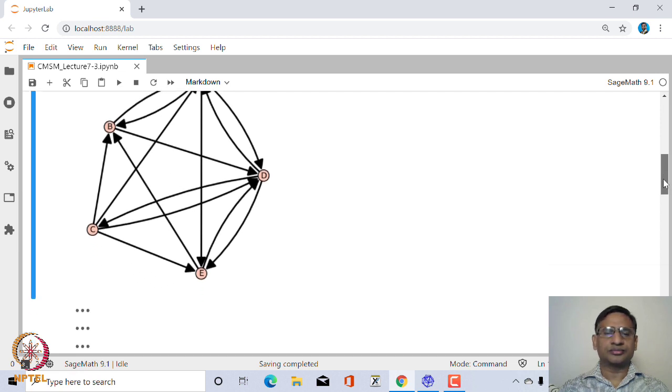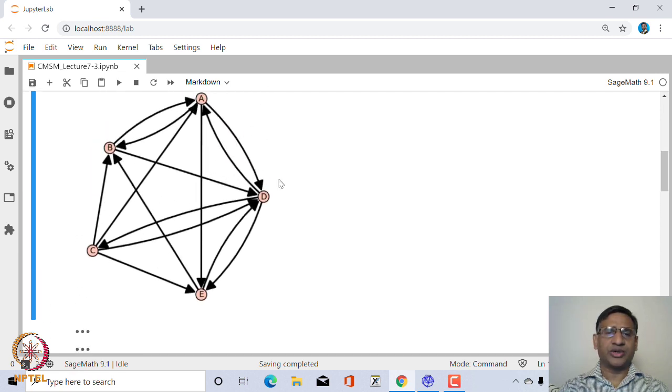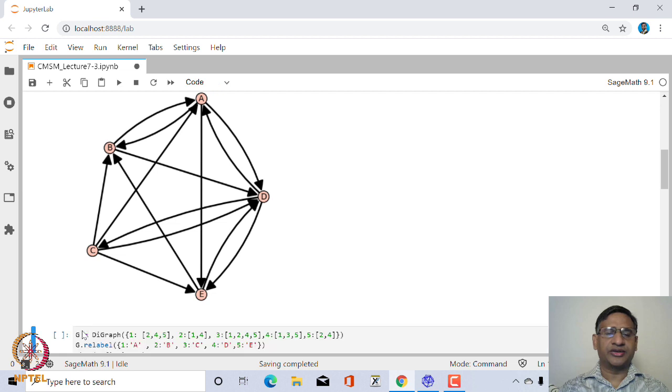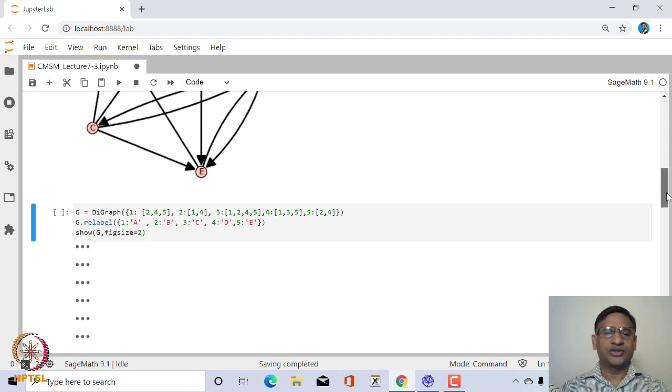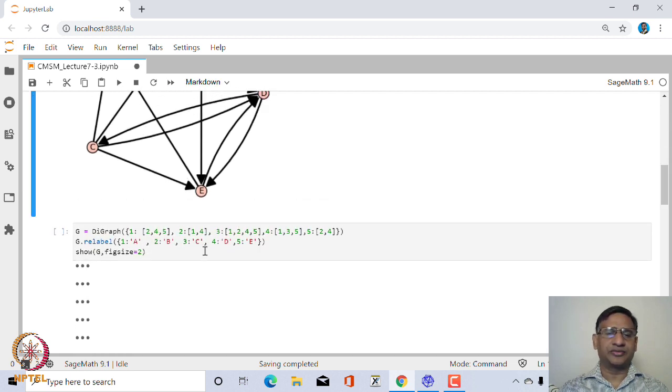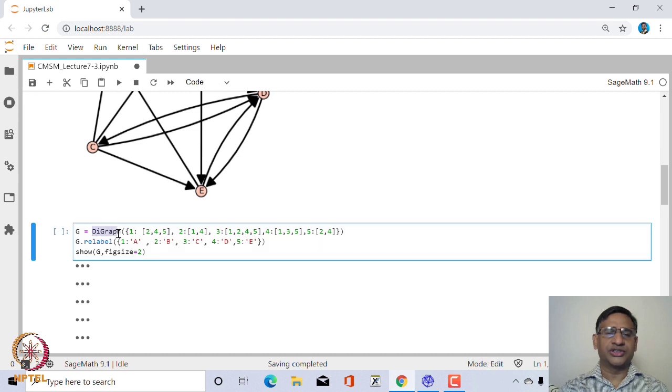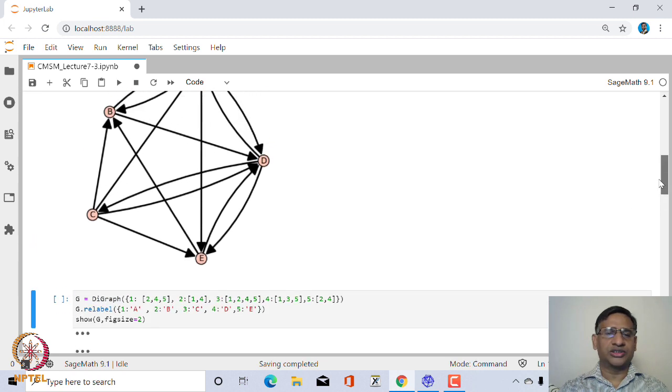Now, this network you can generate in Sage Math using the digraph function, which is a package. Graphs is a package for graph theory. Sage is very good at graph theory, and digraph stands for directed graphs. So, you can plot this network using digraph.